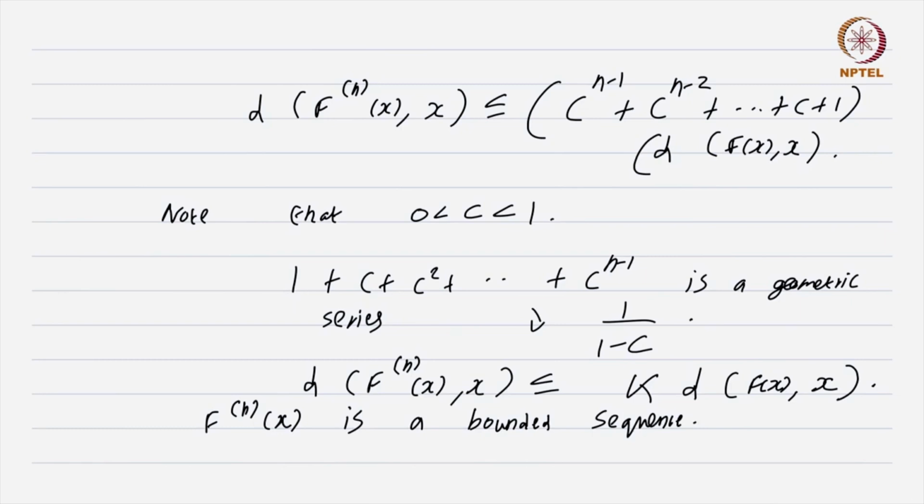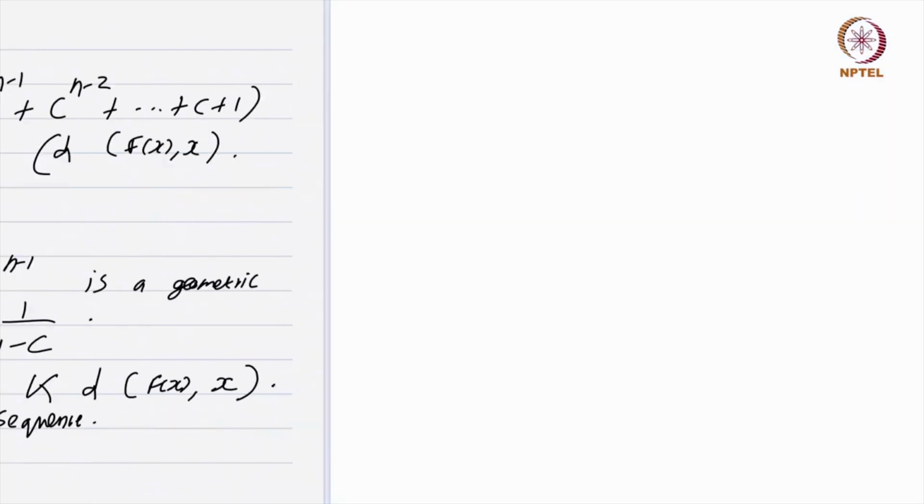Now, because f^n x is a bounded sequence, we can try to show that it converges, but we are in an arbitrary metric space, so we have to be a bit more delicate.